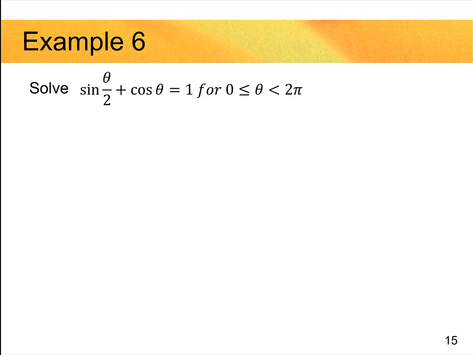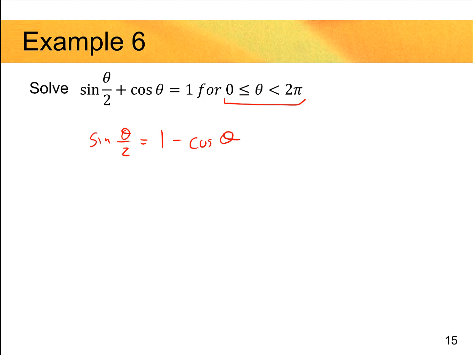So solve: I got a sine, I got a cosine, there's no way to convert. If it was a double angle formula for sine, I might be able to work it out with something, but still stuck. All right, I'm in radian mode. That's cool. Let's move this cosine over to that side.